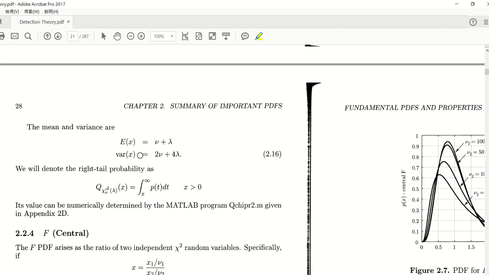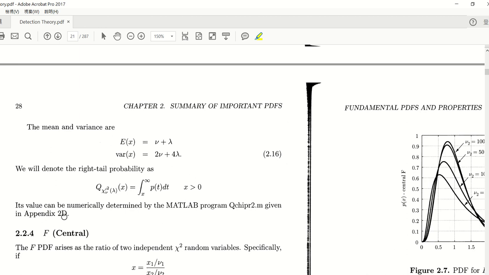The variance of x is equal to 2v plus 4 lambda. Then we will denote the right tail probability as Q non-central chi-square lambda of x, equal to the integral from x to infinity of p of t dt.